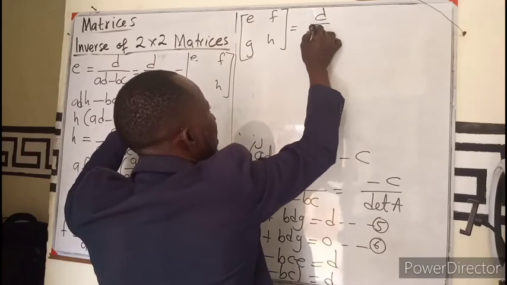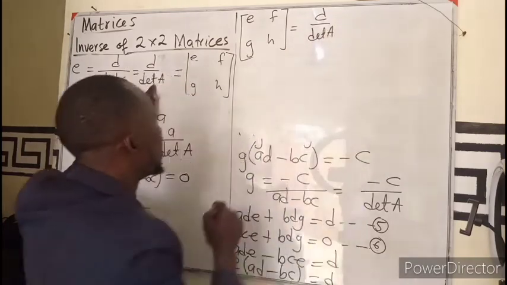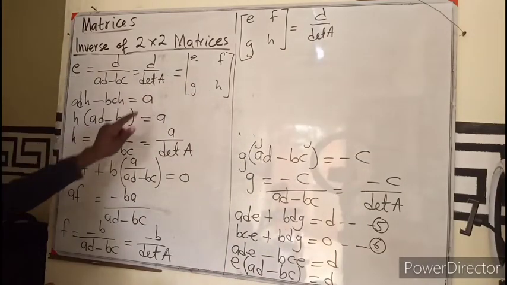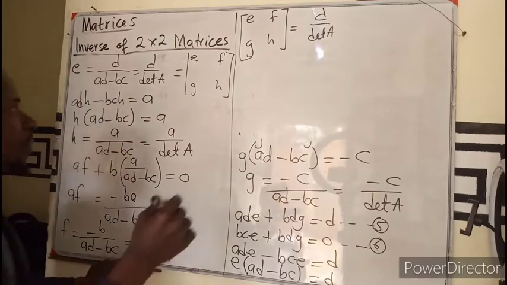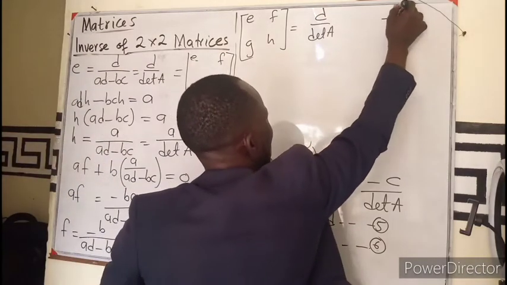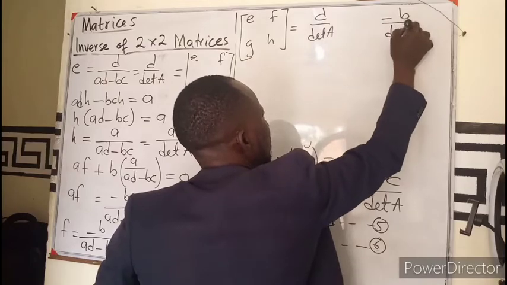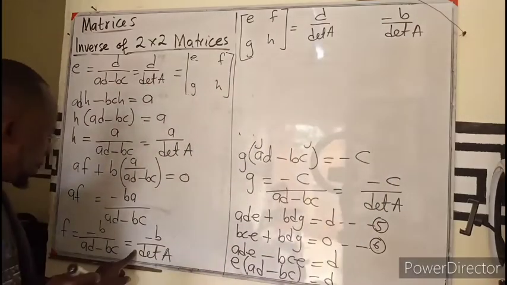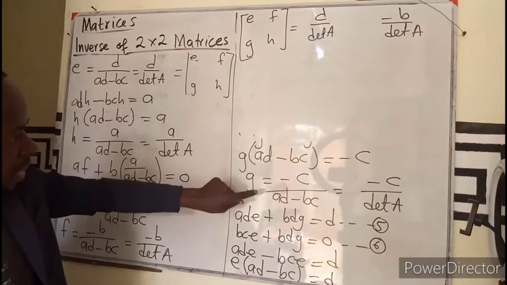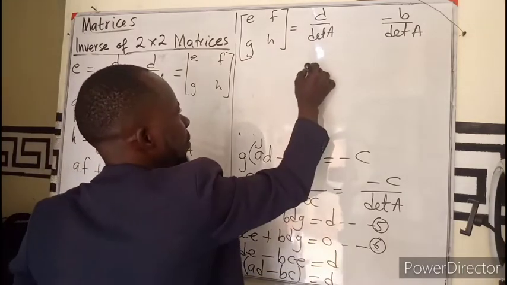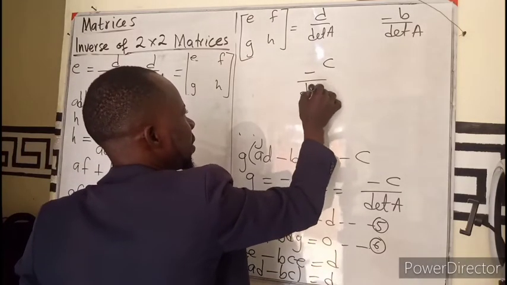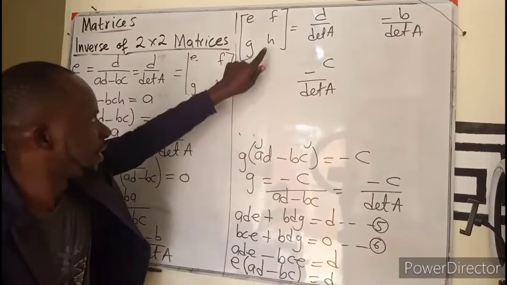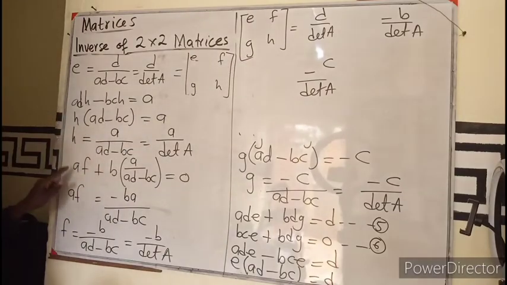D over that determinant A, the value of F, what do I get? Minus B over determinant A. That of G, I have here to be minus C over determinant A. H, where do I get H?